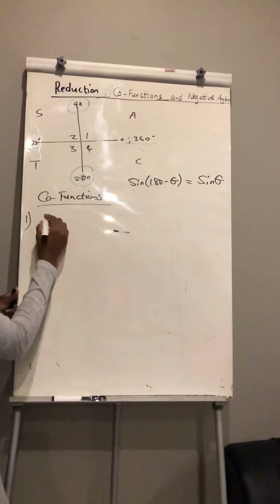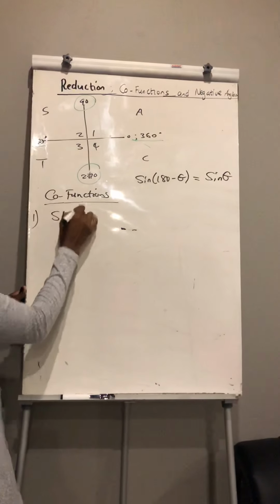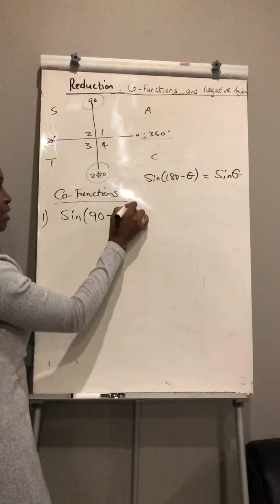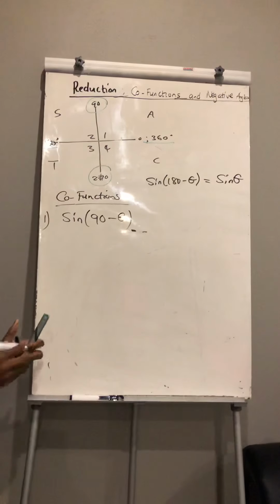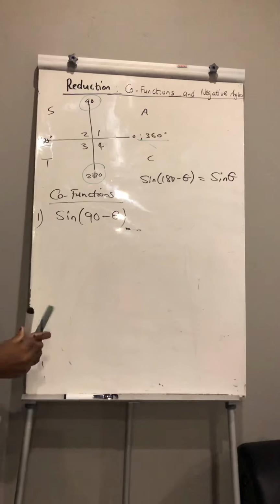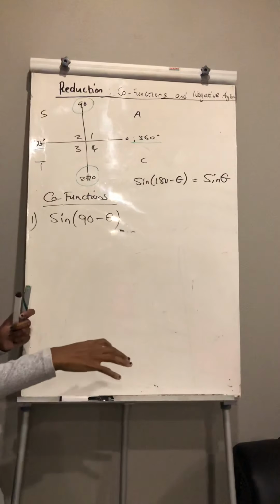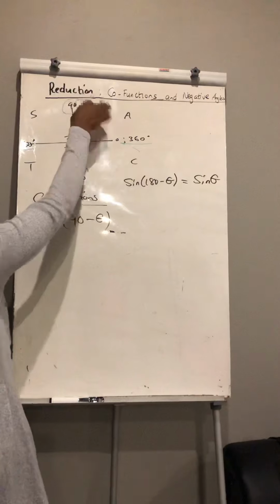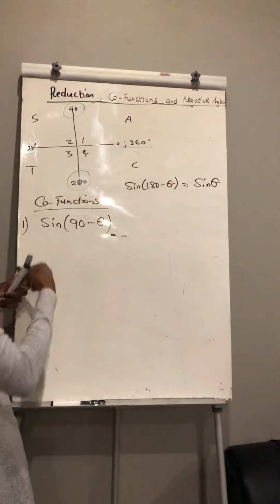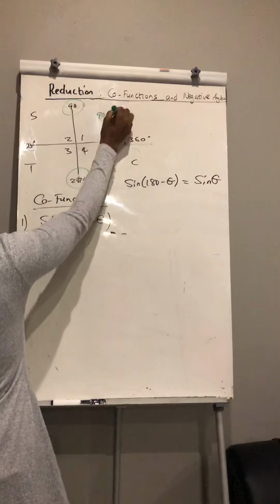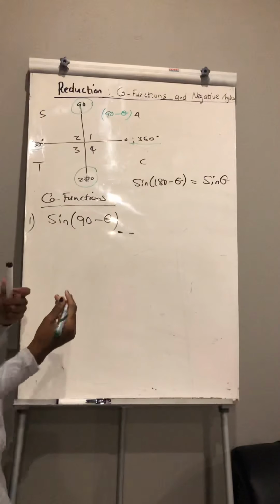So let me take, for example, why don't I say sine of 90 minus theta? I'm using 90. Well, the same applies. That whole process of finding which quadrant we are in still applies here. So I'm going to ask you to appreciate how this is in the first quadrant. So an angle called 90 minus theta would definitely be in the first quadrant.